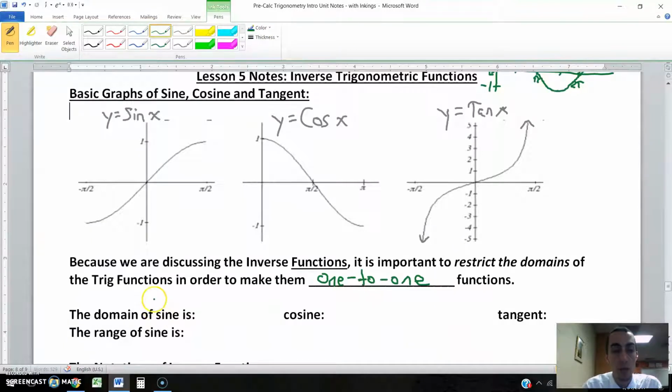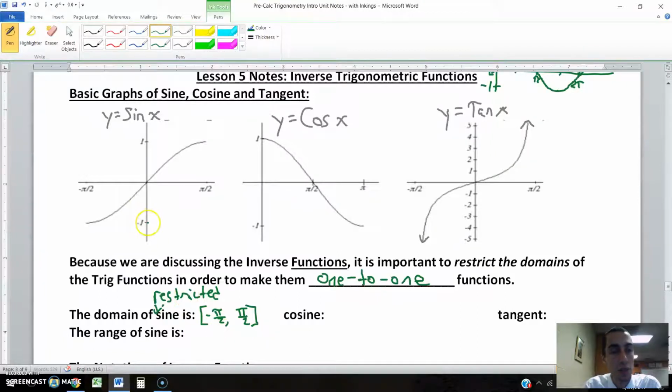Now, the domain of this restricted sine runs from -π/2 up to π/2, including the endpoints. So we've got -π/2 to π/2. Remember, that's in radians. The degrees would be -90 up to 90.